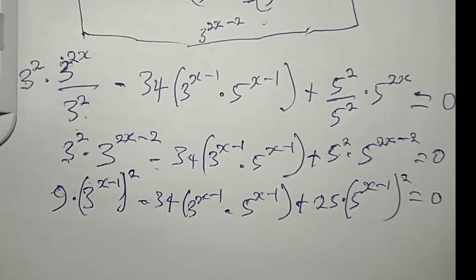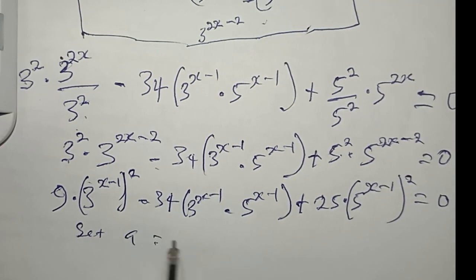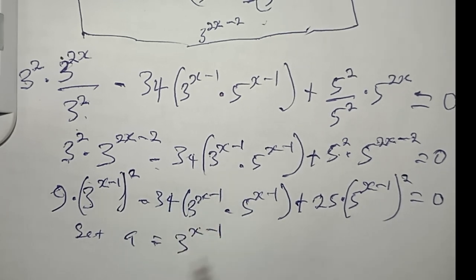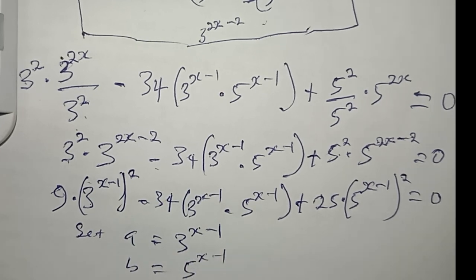So in order to make the work easier for me, I'm just going to choose letters for some of these terms, so that I can compress the work. So I'm going to set my a to be equal to this 3 power x minus 1, and then set my b to be 5 power x minus 1.